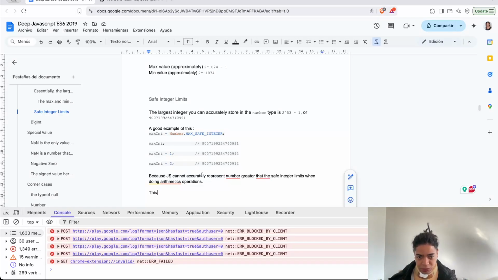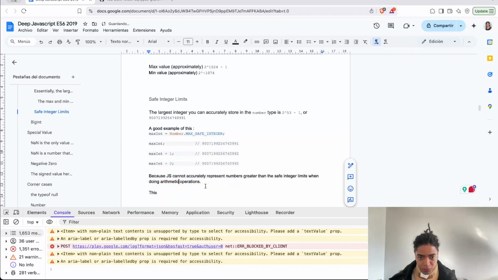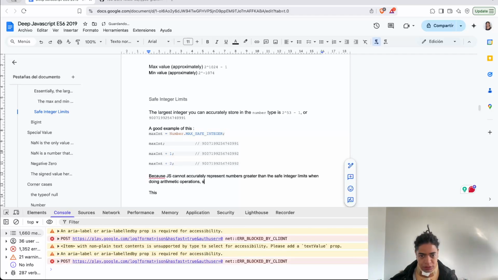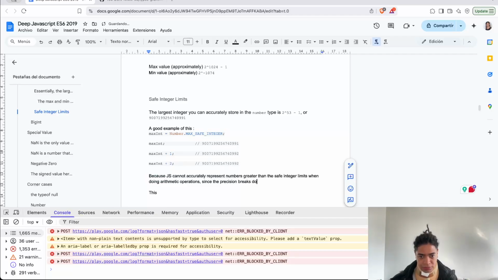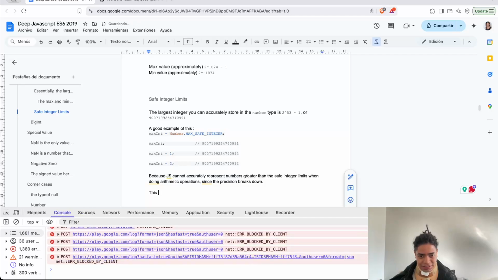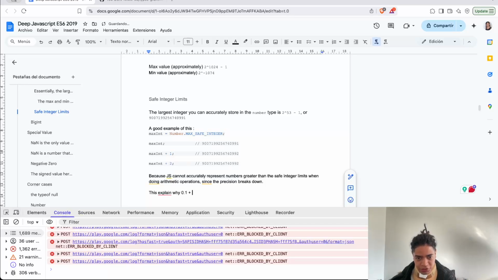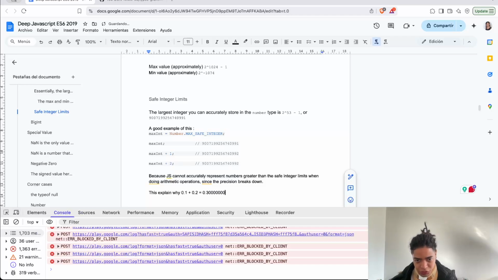So in other words, because JavaScript cannot accurately represent numbers greater than the safe integer limit when doing arithmetic operations, the precision breaks down. This explains why 0.1 plus 0.2 is not equal to 0.3.